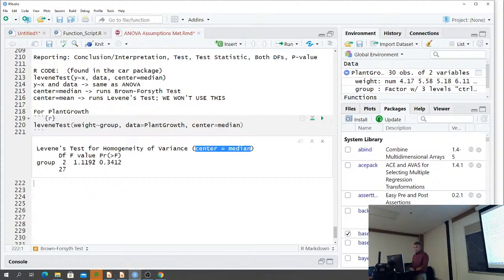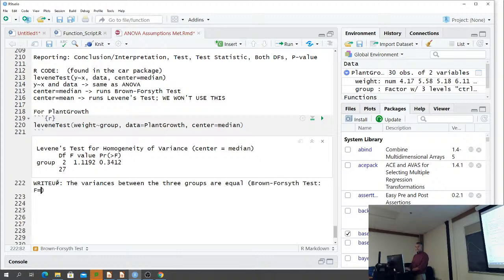We've got our test statistic, that's our F. We have our degrees of freedom. Two values are listed, 2 and 27. We're going to have to report both of them. And then we have our p-value. So our write-up for this part is that the variances between the 3 groups are equal, and we ran a Brown-Forsyth test.